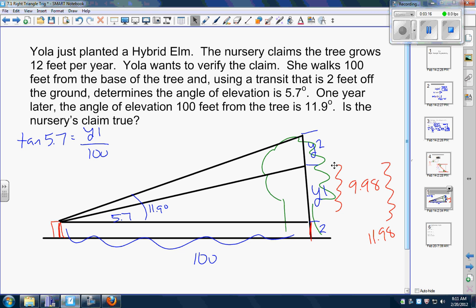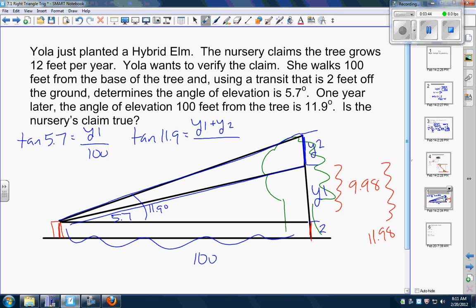Okay, so the next one now is going to be tangent of 11.9 equals opposite. Now we want to make sure we do a Y1 plus a Y2, okay? Because we're not just doing a triangle with this little piece right here. That's not a right triangle anymore, okay?